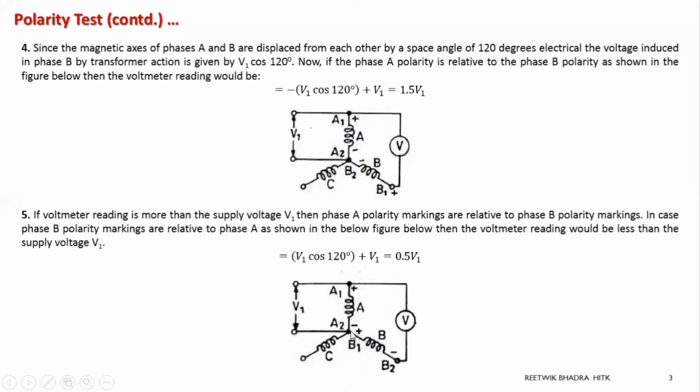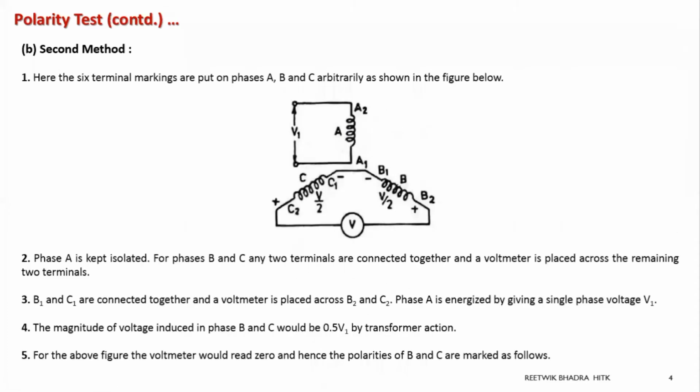By that you can understand how the polarities are present in the A and B terminals, according to the voltmeter reading, that is, which phase is relative to which phase. After that you can mark your polarities accordingly. So this is one type of test you can do.